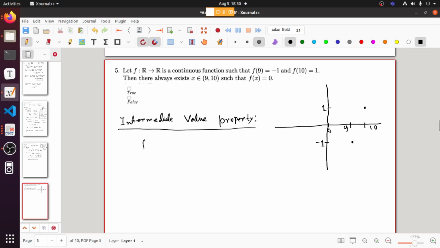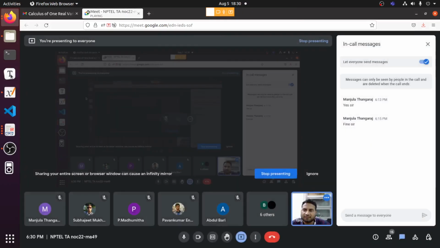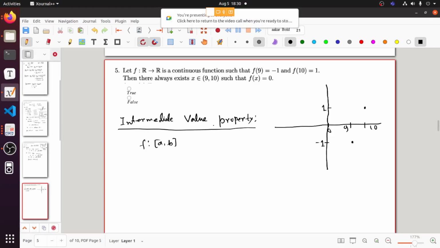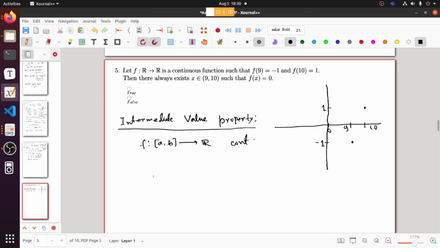Suppose f is a function from [a, b] to R, and this is a continuous function, and if f of a is less than 0 and f of b is positive, then there exists x belonging to the open interval (a, b) such that f of x is 0, right?